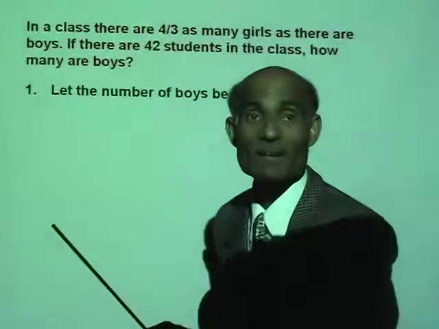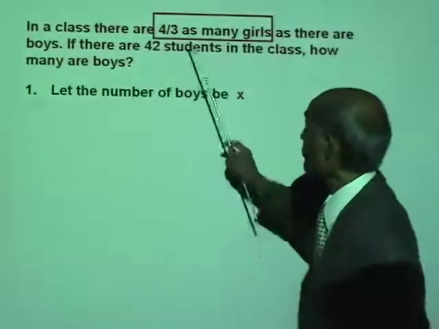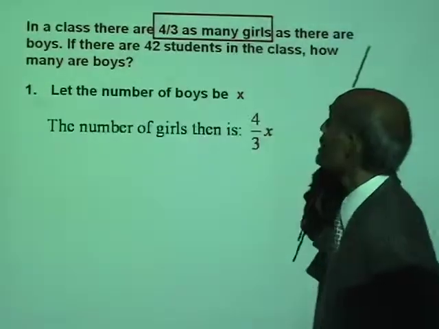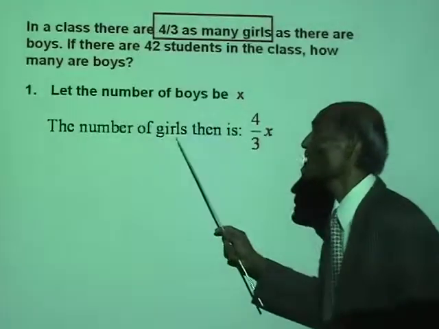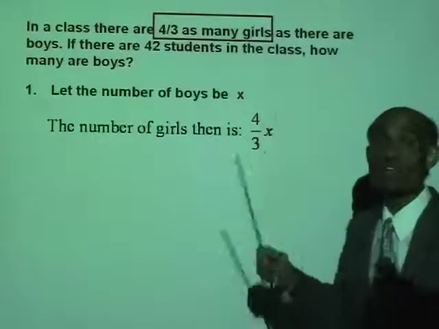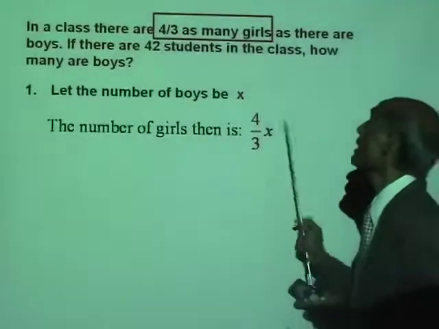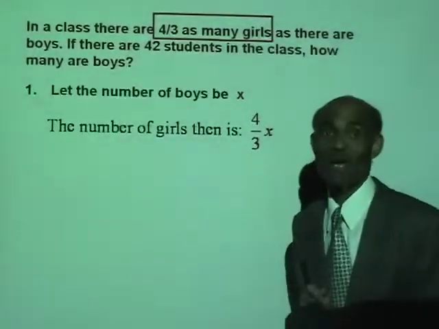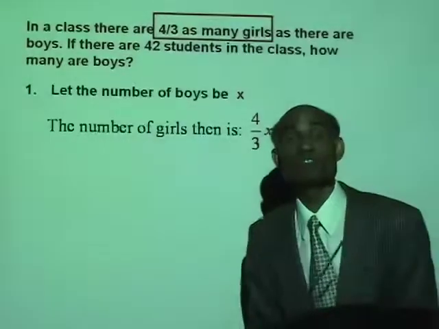So the number of girls is 4/3 of the number of boys, 4/3 x. Alright? What is the next information we can use?